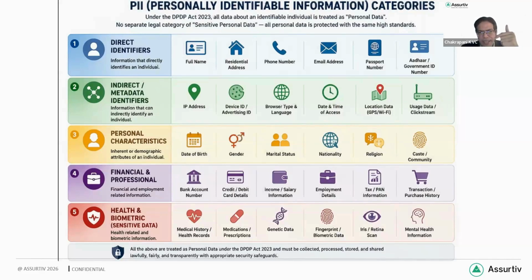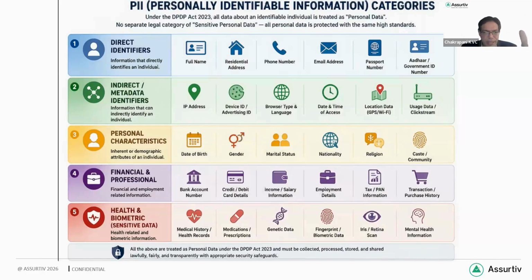Here again you may ask, what are the transaction details or PAN? In this context, some of the employees who are working in hospitals, HealthTech companies, or healthcare facilities, their details are going to come here.